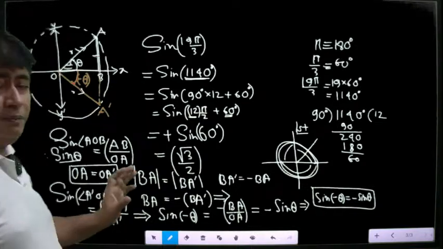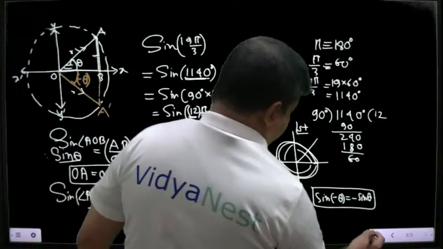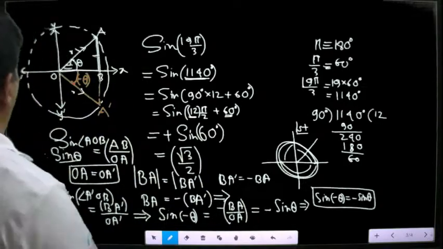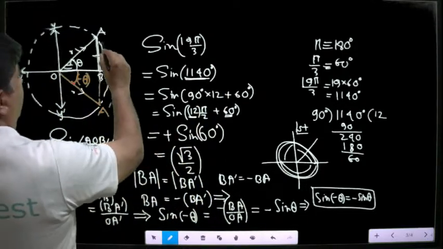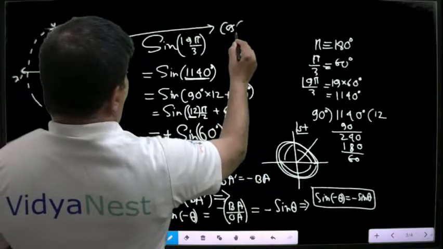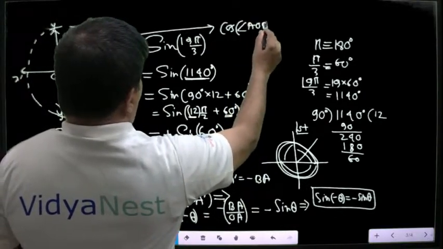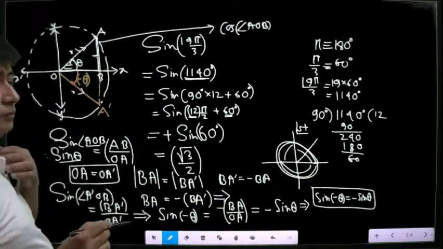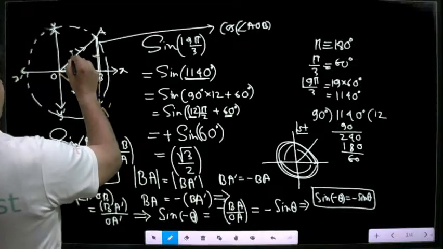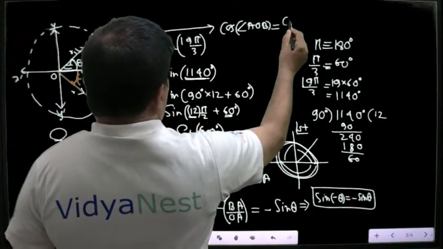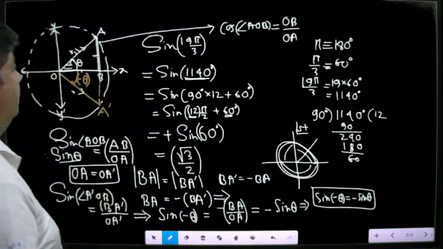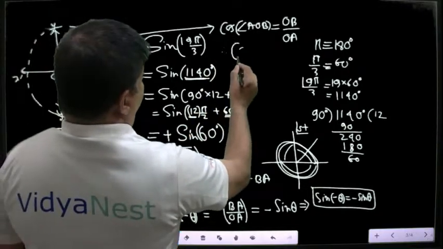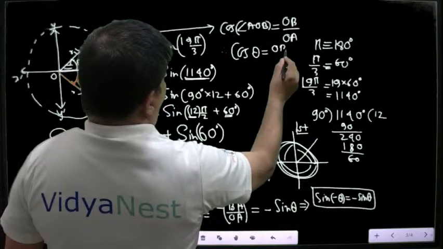Okay. What happens in case of cos? From this figure, cos AOB is base by hypotenuse, OB by OA. That means cos theta is OB by OA.